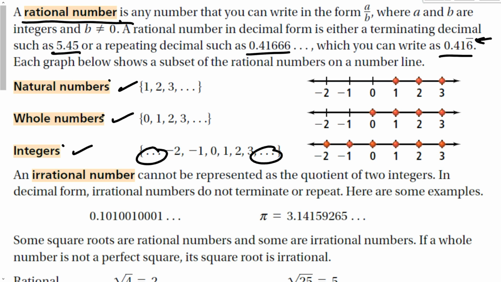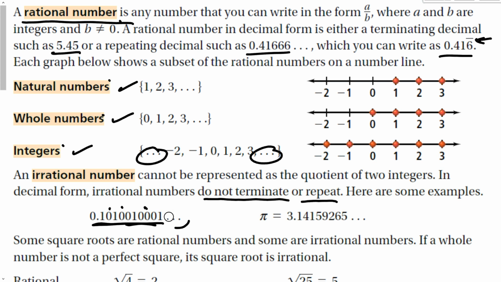If we have rational numbers, we've got to have irrational numbers. So irrational numbers cannot be represented as the quotient of two integers. In decimal form, irrational numbers do not terminate or repeat. Some examples would be something with a pattern like this that has one 0, then two zeros, and three zeros, and these ellipses mean this pattern continues.